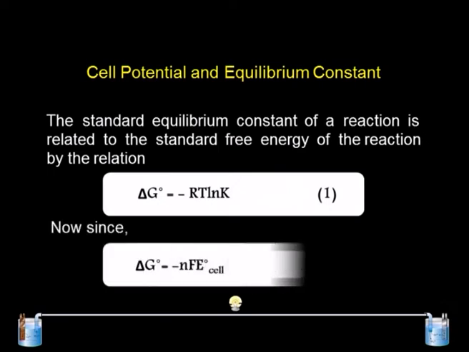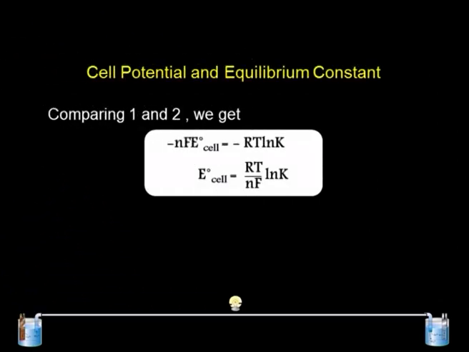Now, since delta G zero is also equal to minus nF E zero cell, we can relate the two relations, that is, minus nF E zero cell is equal to minus RT ln K, and therefore E zero cell will be equal to RT by nF ln K.